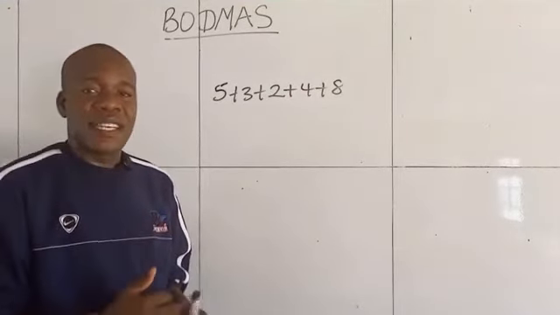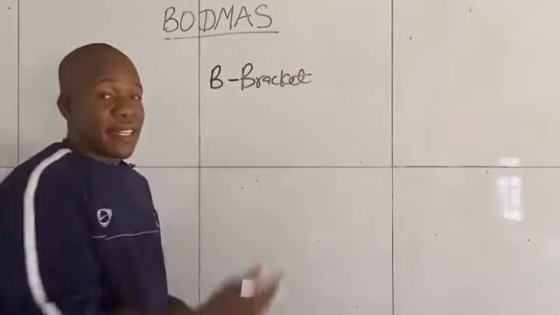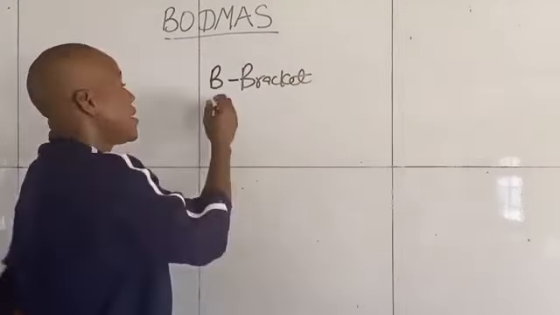So quickly, we'll look at the correct order of BODMAS. We arrange the acronyms in order. The first acronym is B, and it stands for bracket or parenthesis. All right. The next acronym is O. It stands for others or exponents, or even indices or roots.